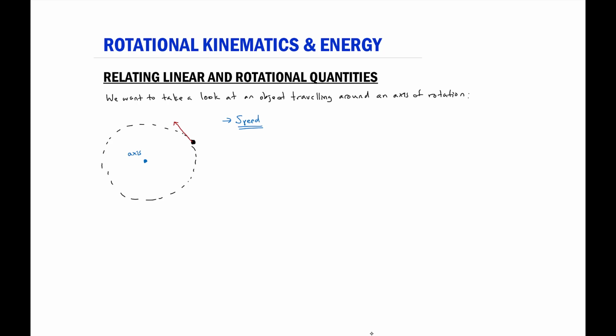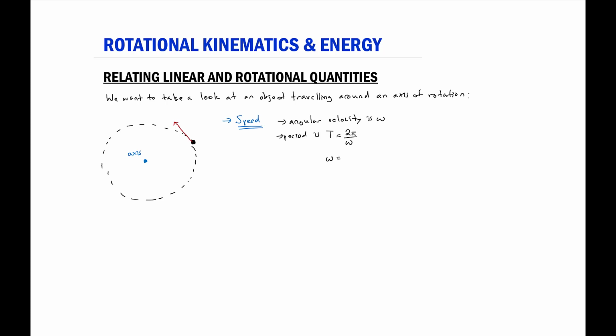We know that the angular velocity of this object spinning around in a circle is omega. From our equation for the period T, we know that angular velocity is omega, and we know that the period is T equals 2 pi over omega.